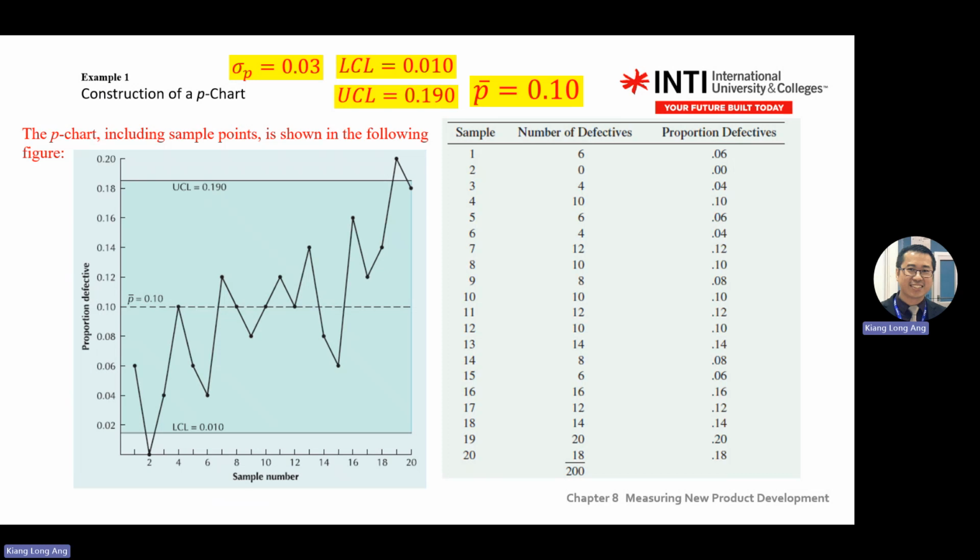It's 100 genes each time. Then you plot. For example, how you find the first point: sample number one is 0.06. So you plot 1, 0.06. Sample 2 is 0, 3 something, 4 something, and you plot them.